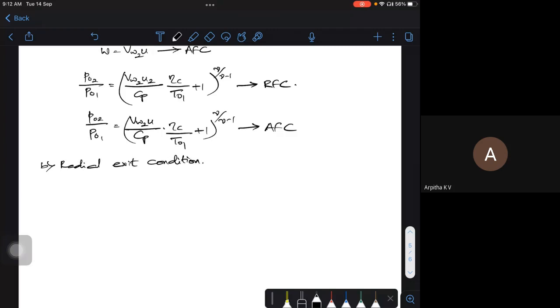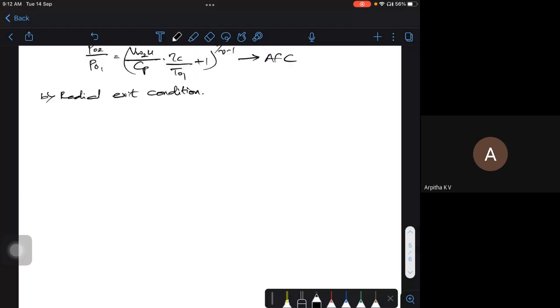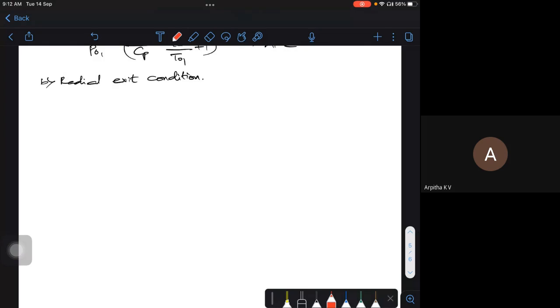That means if I try to draw the velocity triangle, it's something like this. I'm going to draw only the exit velocity triangle. This is my R2 or D2. So here I have a velocity along the blade. Say, this is my blade.